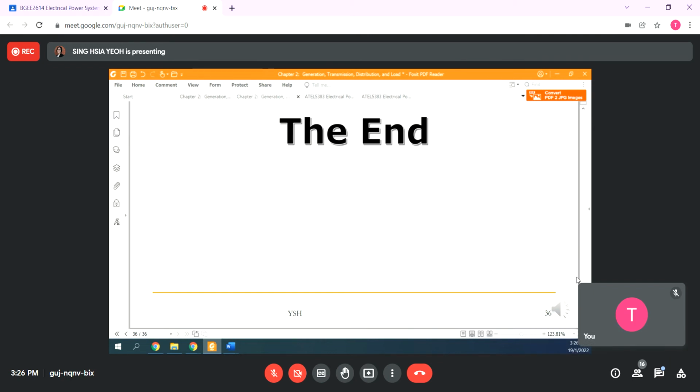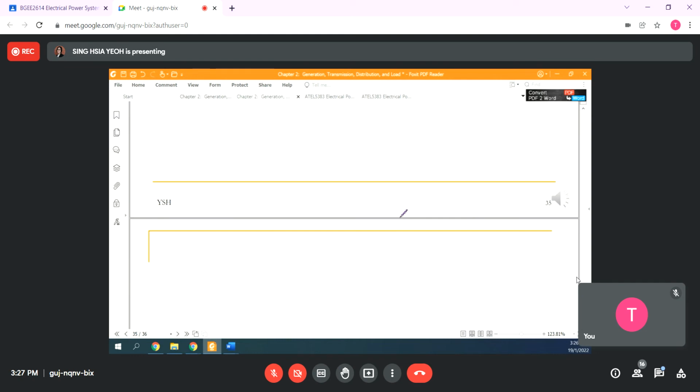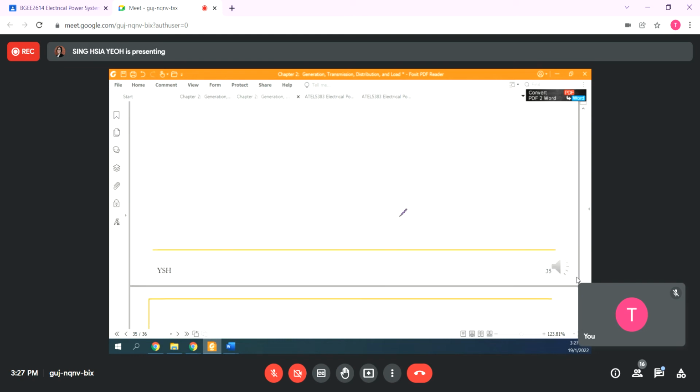Early in 2020, I managed to make a factory visit to the Putrajaya power plant with the students. So let's see if you have the chance to visit one of the power plants in the future. Then they will explain more. Maximum demand normally they calculate one time in a month, not a day. Okay? One time in a month.